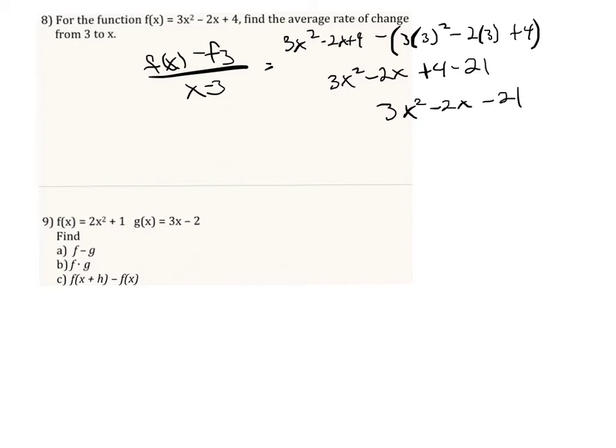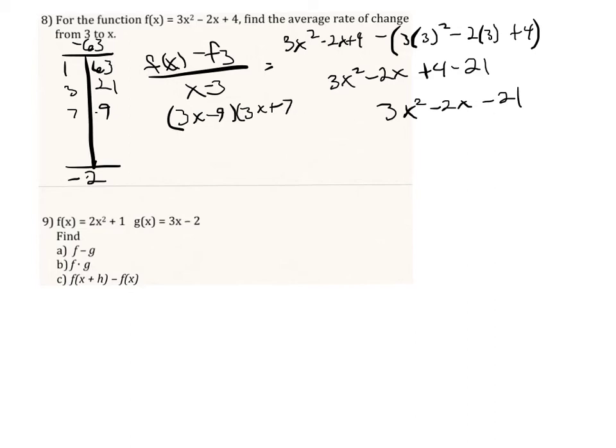This guy factors. If you create a chart, you say, alright, I need negative 63 and I need to add to negative 2. 1 and 63, 3 and 21, and then you end up with 7 and 9 and a negative 9 there. So we actually can factor that by saying, alright, 3x minus 9, 3x plus 7.